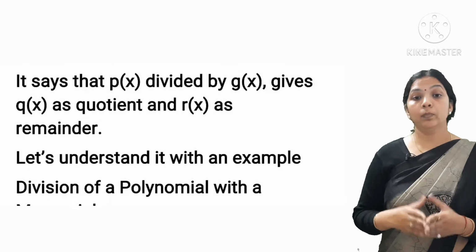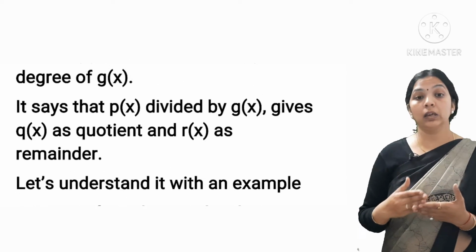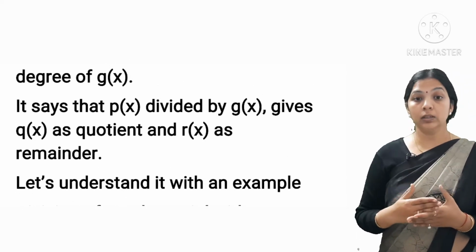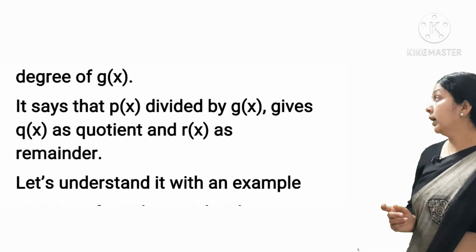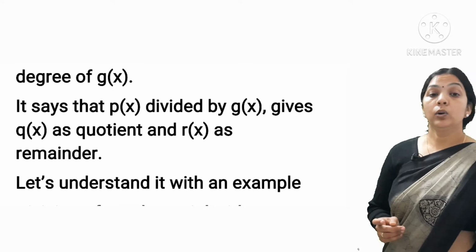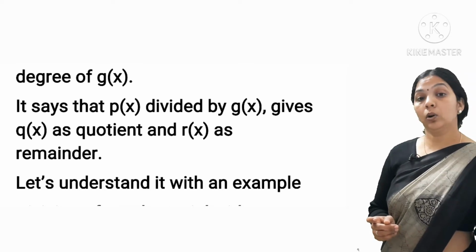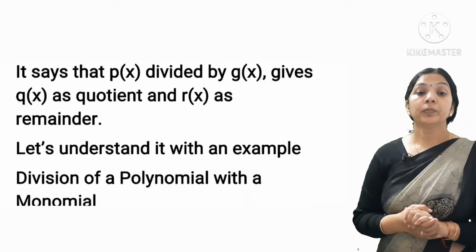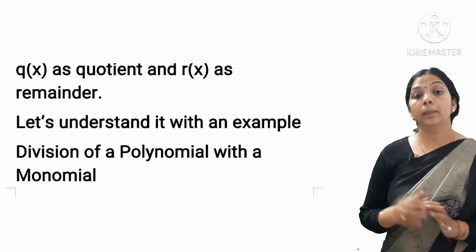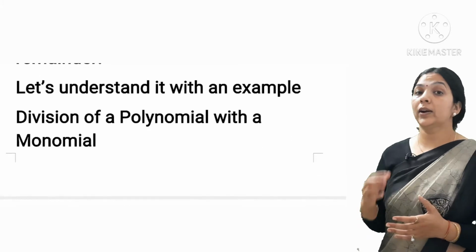It is said that p(x) divided by g(x) gives q(x) as quotient and r(x) as remainder. Now let us understand this with the help of an example. Division of any polynomial with a monomial. Suppose here it is given that 3x cube plus x square plus x is divided by x.